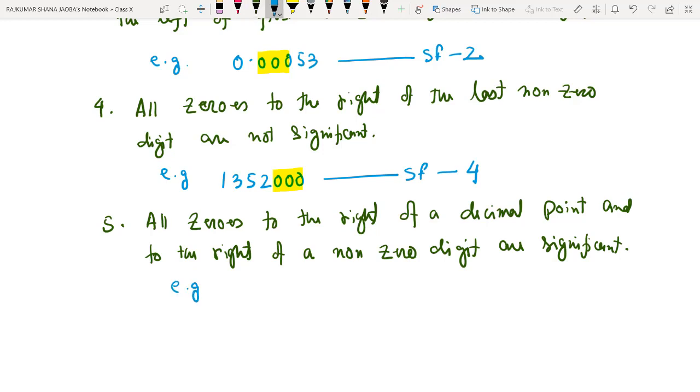The example, 12.3000. All the zeros to the right of a decimal point and to the right of a non-zero digit are significant. The significant figures are 1, 2, 3, 4, 5, 6. So it has 6 significant figures.